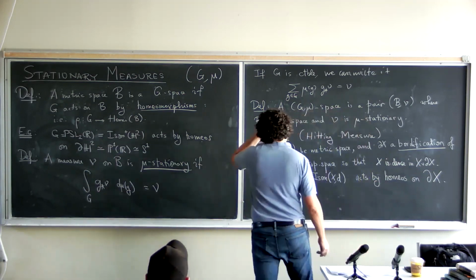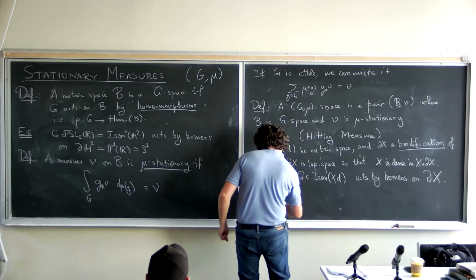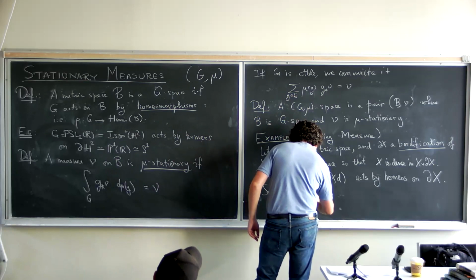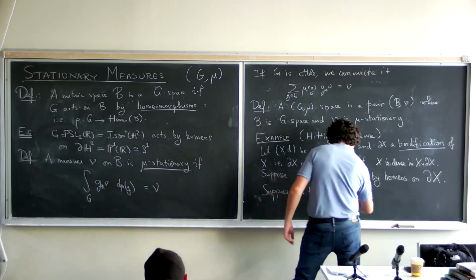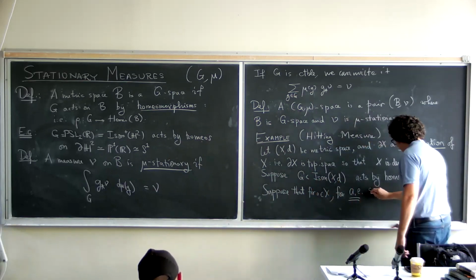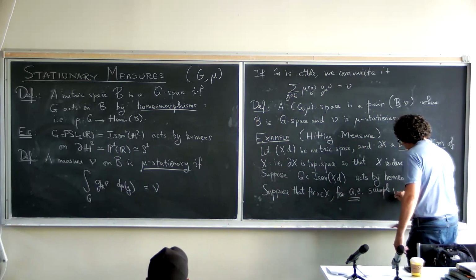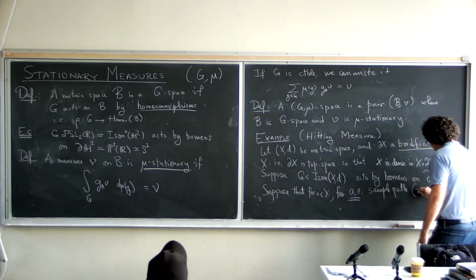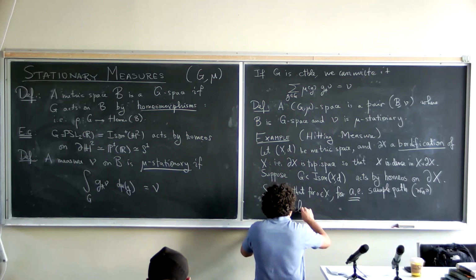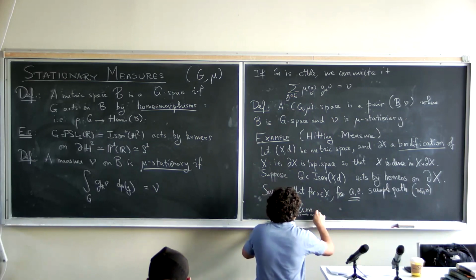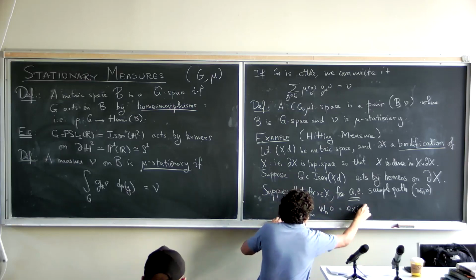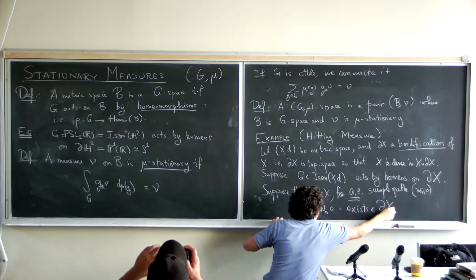Okay? And now suppose that for some point O inside and for almost every sample path, the limit as n goes to infinity of W_n O exists in the boundary.